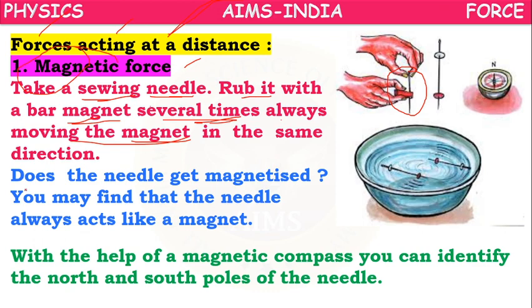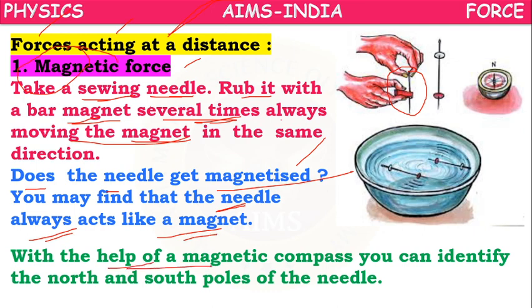So here, does the needle get magnetized? Yes, because in 6th class you might have learnt the single touch method. By the single touch method, we can turn a magnetic material into a magnet. So here, the needle acts like a magnet.